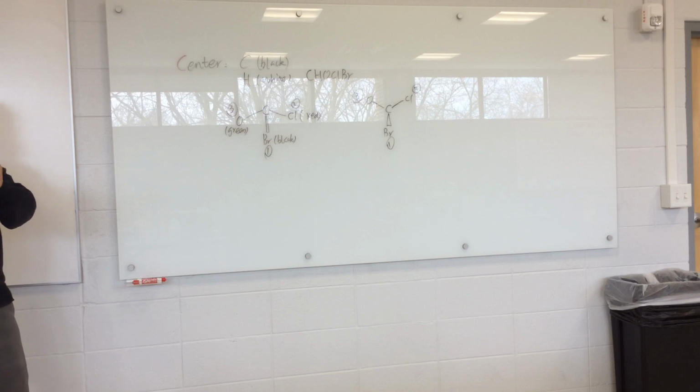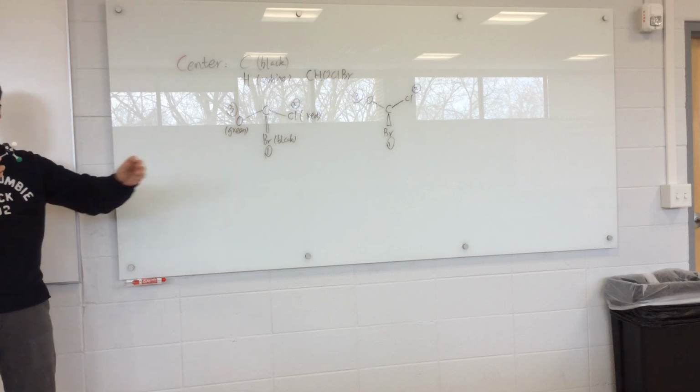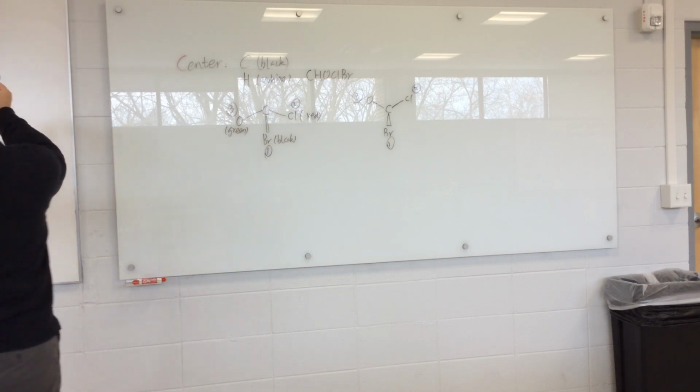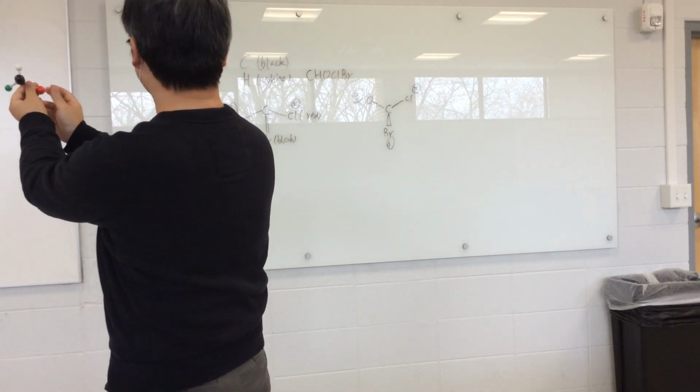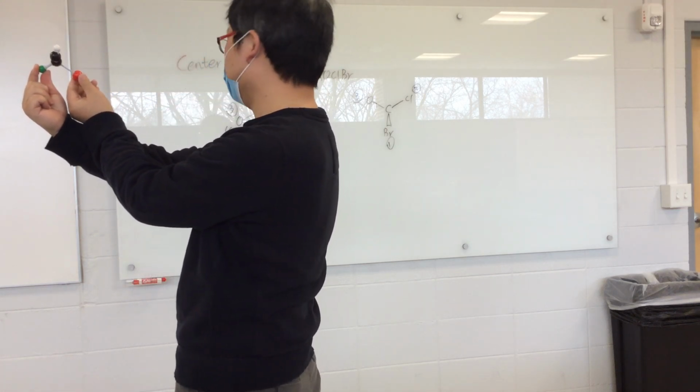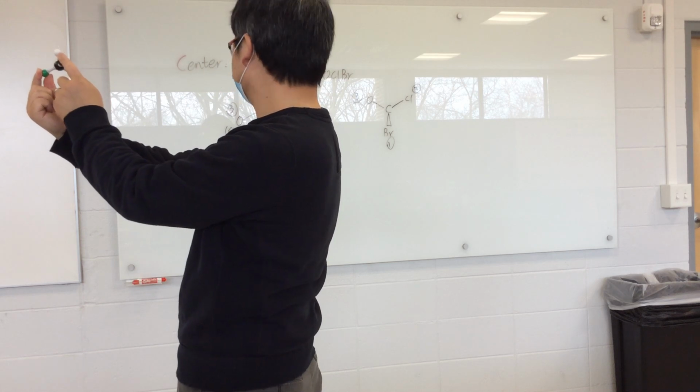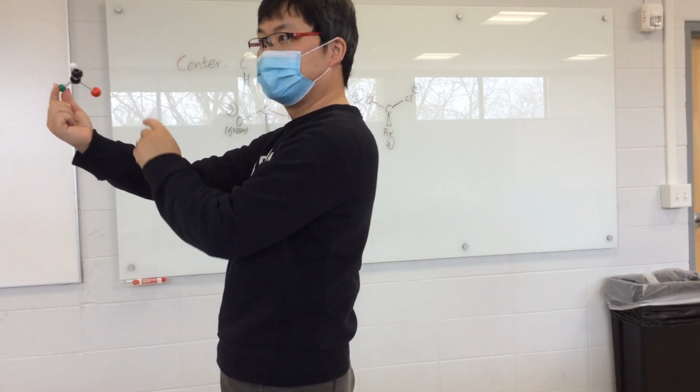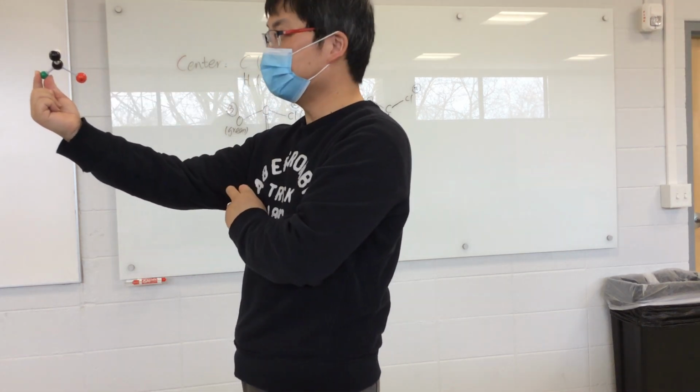Well, this bond is kind of weak. So we work on this first. You see, I have a green oxygen here, chlorine red here, and bromine here, and hydrogen is the white one, right?